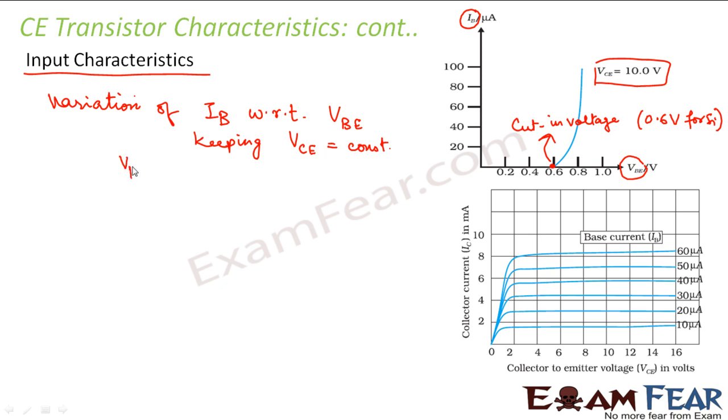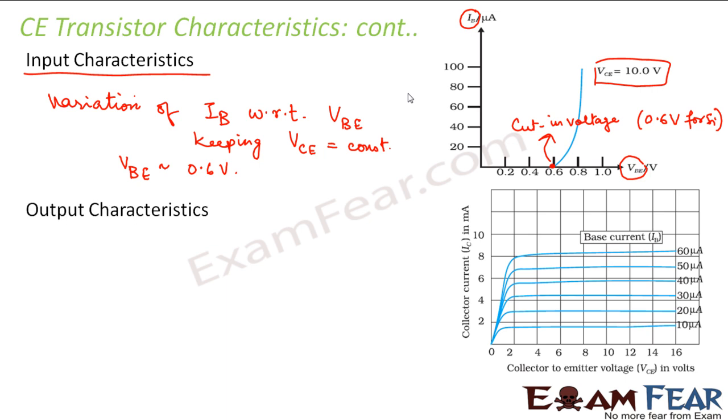Right? So that means the value of VBE is always somewhere around 0.6 volts for silicon. So this was the input characteristics of the transistor, that when we study the input circuit, we see that the input current increases with the input voltage once the input voltage reaches the cut-in voltage.